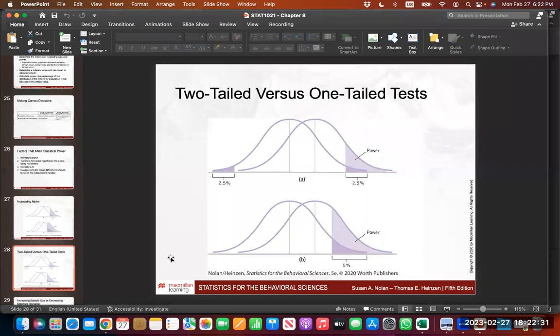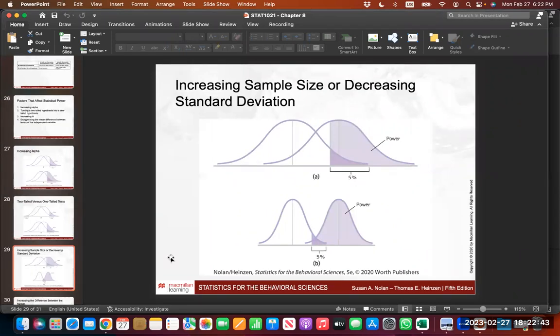If you change a two-tailed hypothesis to a one-tailed hypothesis, in essence, you're doing the same thing. You're just shifting it to one side, instead of both tails. If you increase the sample size or you manage somehow to decrease the standard deviation, you're again doing the same thing in a way, because you decrease that overlap.